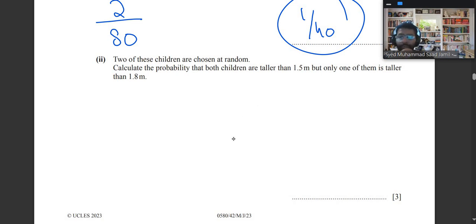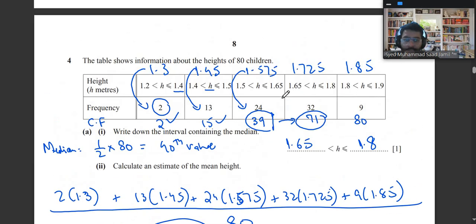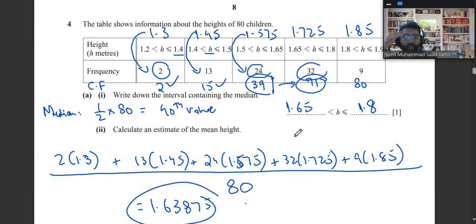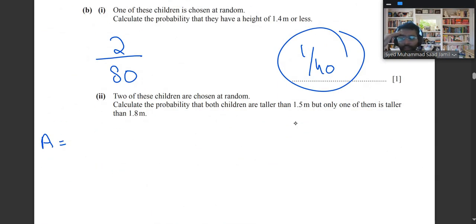So look, how many children are taller than 1.5? 24 and then 32. So these children are taller than 1.5 and less than 1.8. So one from 1.5 all the way up till 1.8, the number of children is 24 plus 32.